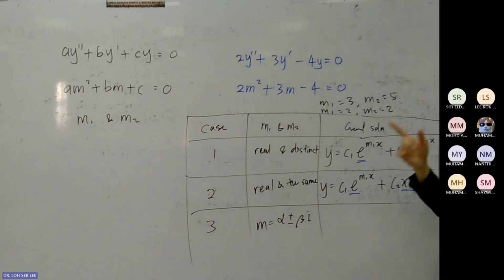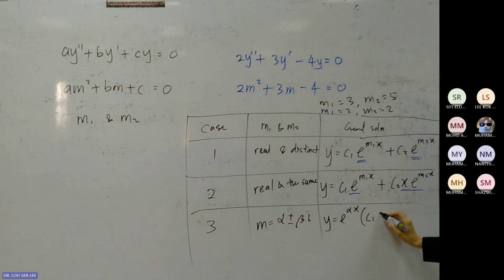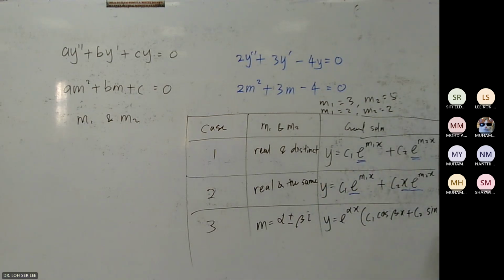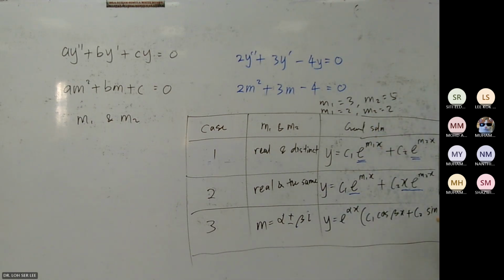If your m contains a complex number, that means your y will be e to the power of alpha x, in the bracket C1 cos beta x plus C2 sine beta x.